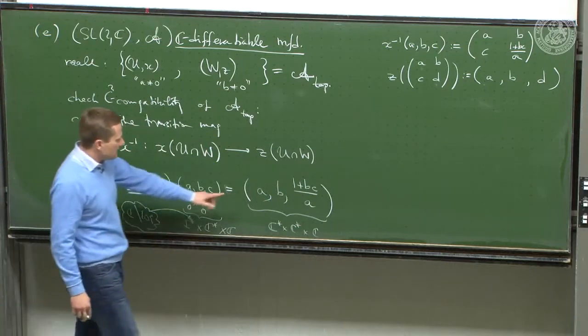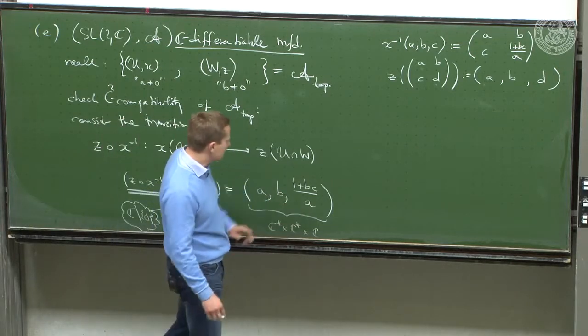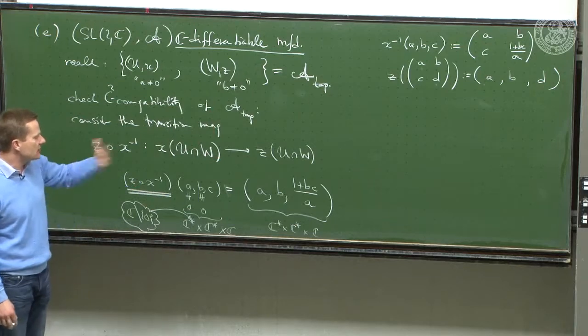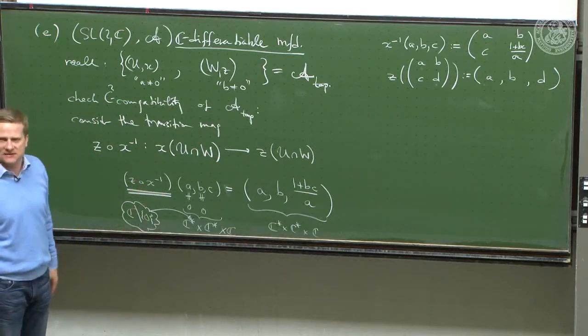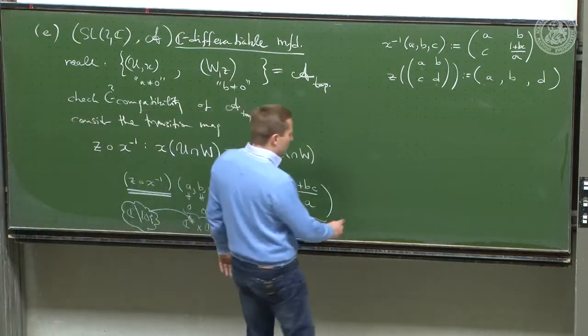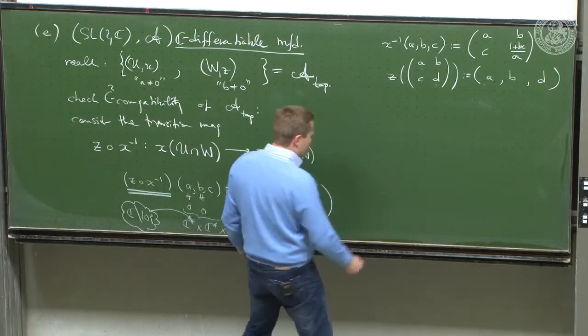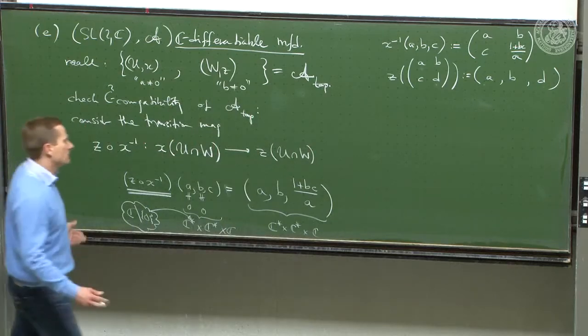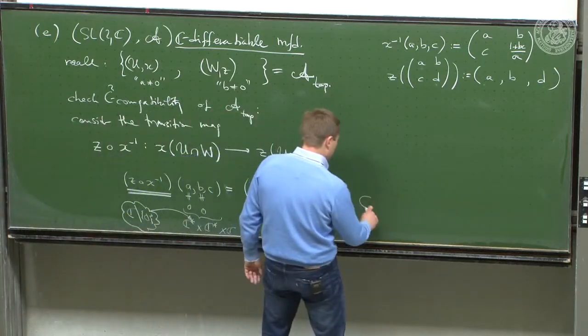And you check, because the A here cannot be 0, this is certainly differentiable once, and you can check it's differentiable 2, 3, 4 times, and so on. So this actually is arbitrarily often complex differentiable, so we just call it C differentiable.